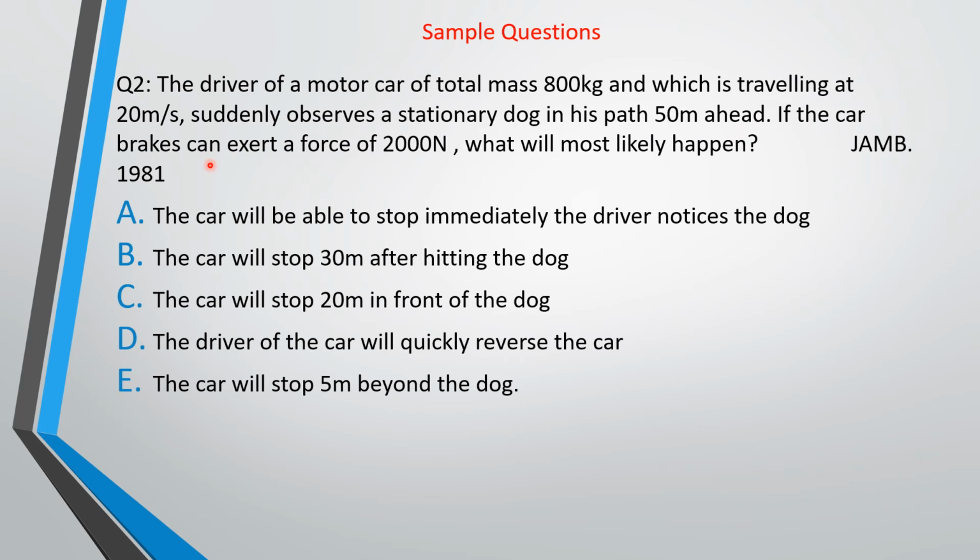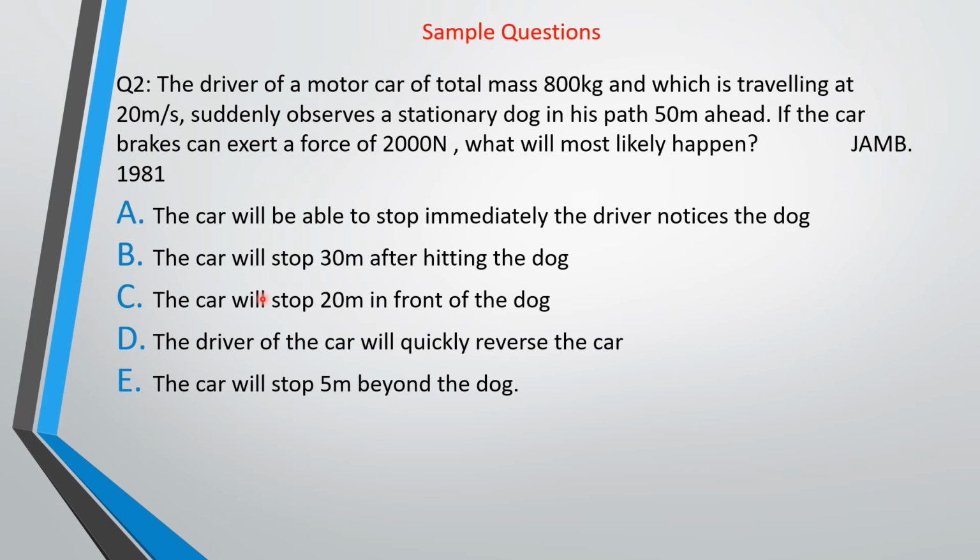If the car brakes can exert a force of 2000 Newton, what will most likely happen? This is a JAMB question, so we'll look at the question, do the analysis, and then solve it as the case may be.